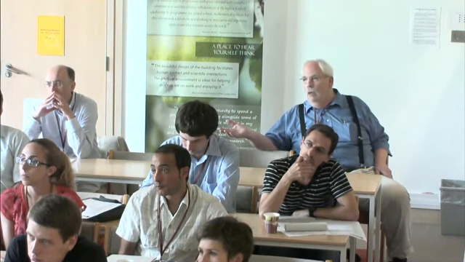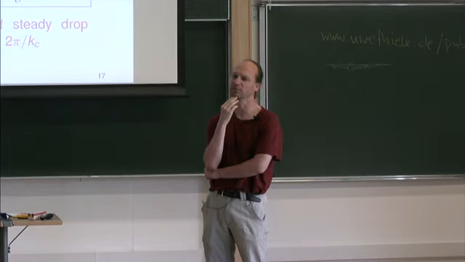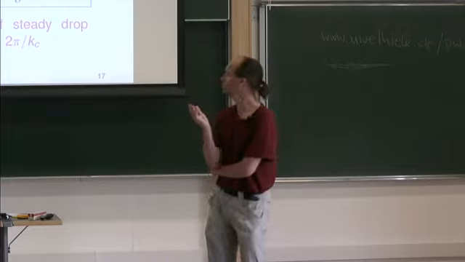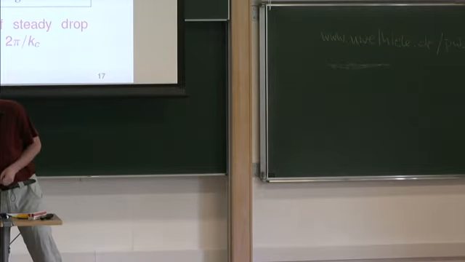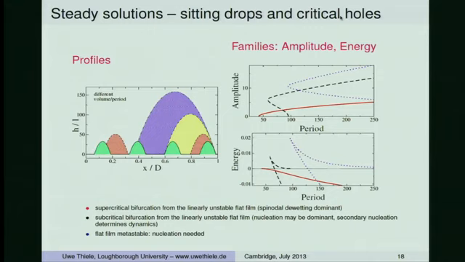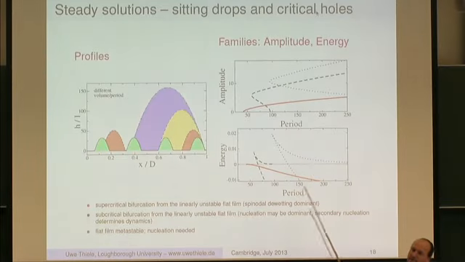I mean, you could try to approximate with some modes. You could do something like an amplitude equation also, but then you would only capture the part down here, right? No, I don't want to do an amplitude expansion.